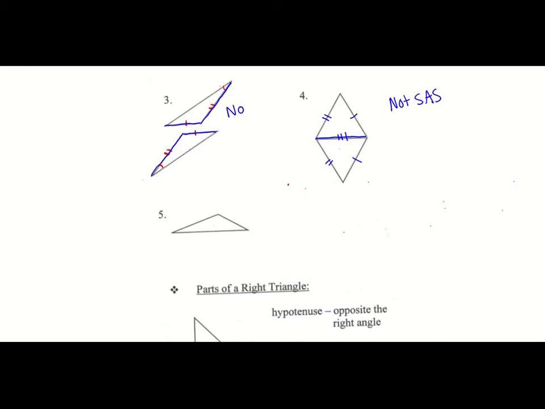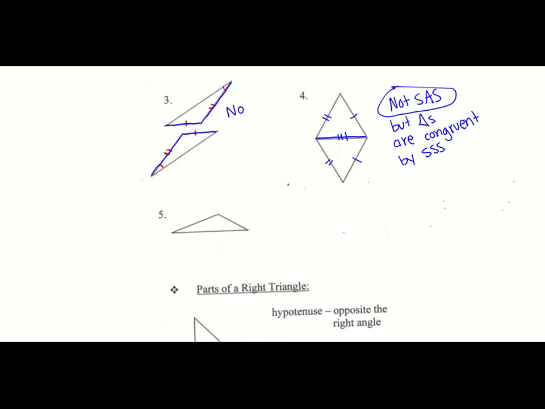But if we were trying to prove they were congruent, we could say they were congruent by side, side, side, what we talked about yesterday. But for this question, we know they are not side angle side because they have no congruent angles.